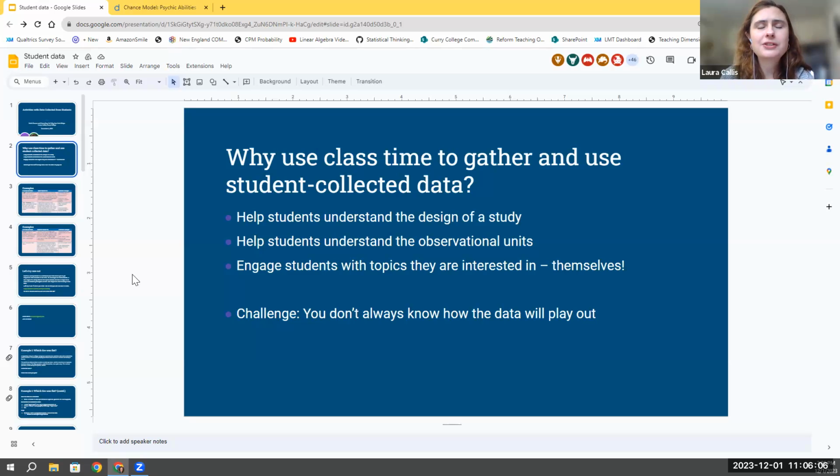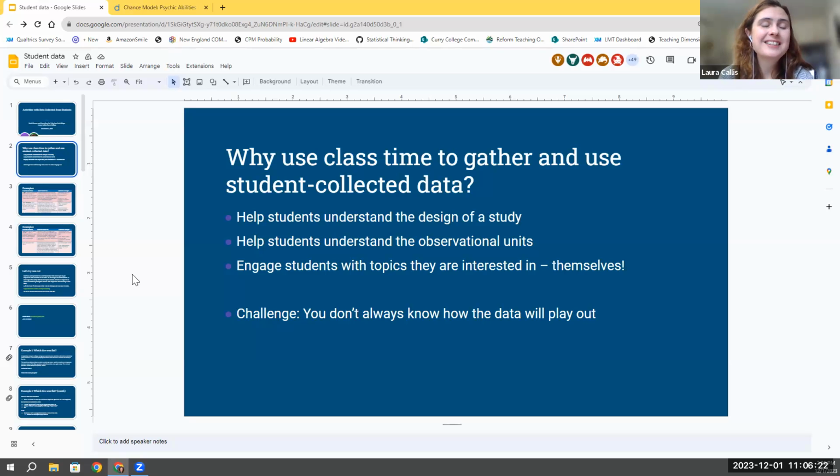It also helps the students understand the observational units in a particular data set if they've collected the data. And I think it's really engaging for students to talk about topics that they're interested in, and everybody of course is interested in themselves.